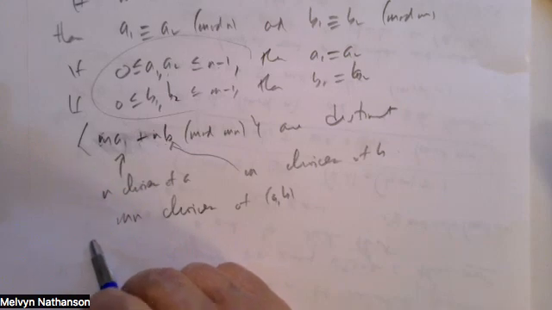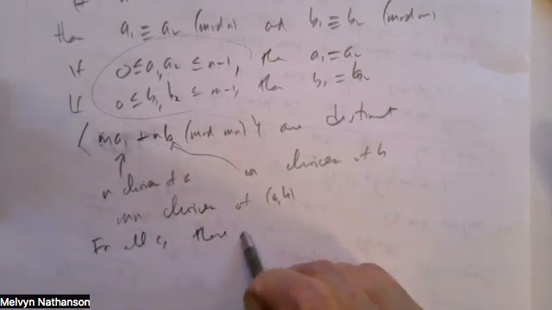Therefore, for all c, there exist unique a and b, where a is between 0 and n minus 1, b is between 0 and m minus 1, and ma plus nb is congruent to c mod mn.